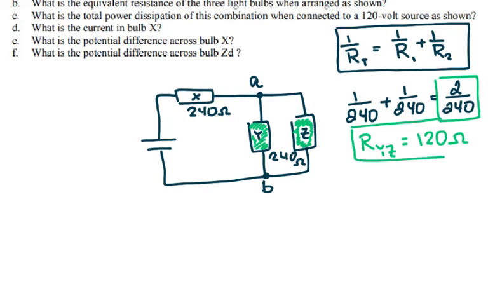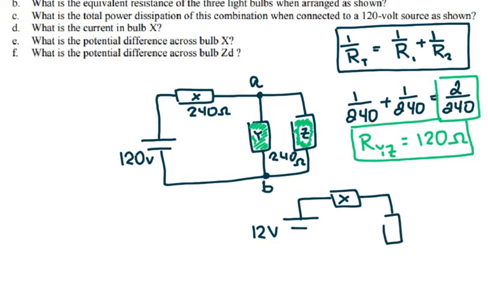Now I can redraw my circuit. I have the power source, 120 volts. Then I have resistor X, and those two resistors replaced with one equivalent resistor, still between point A and point B, the node.